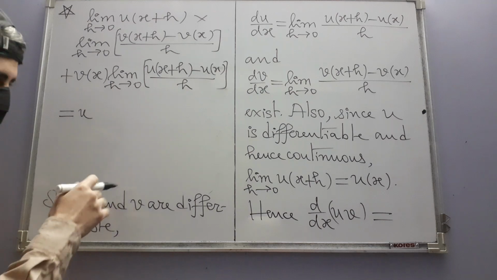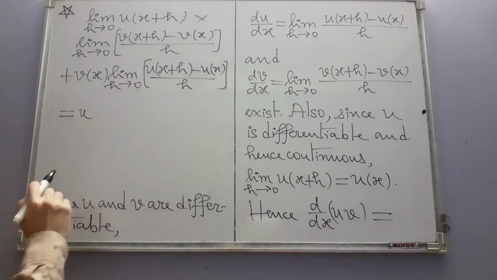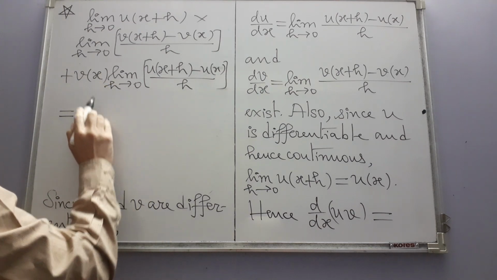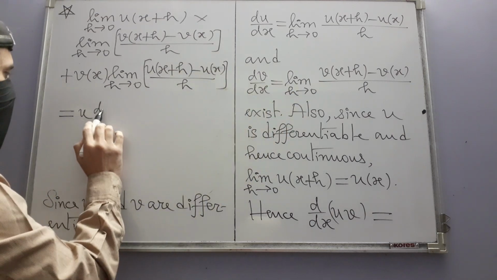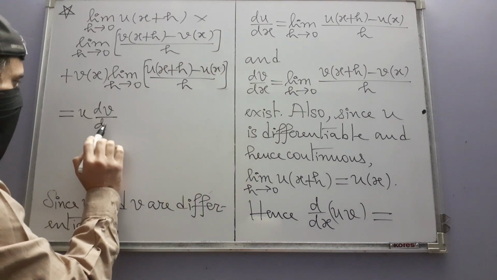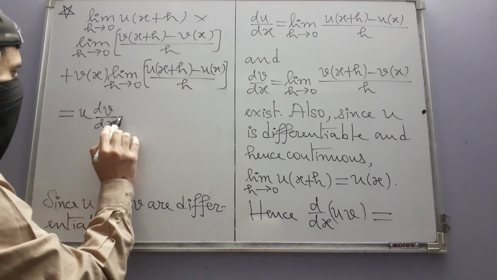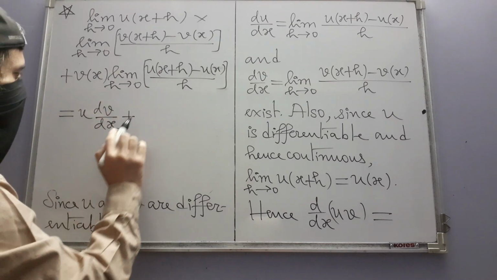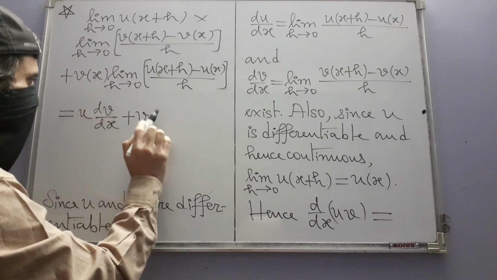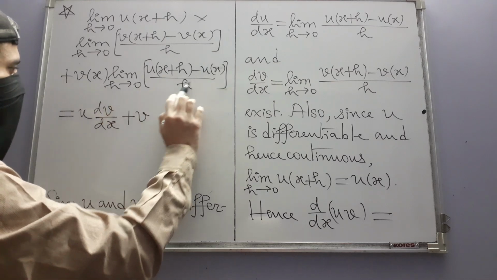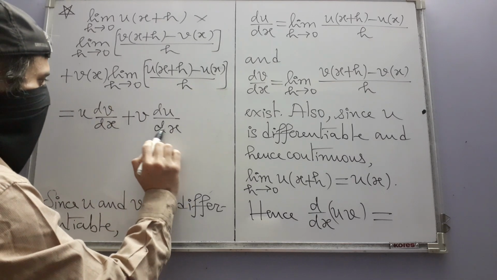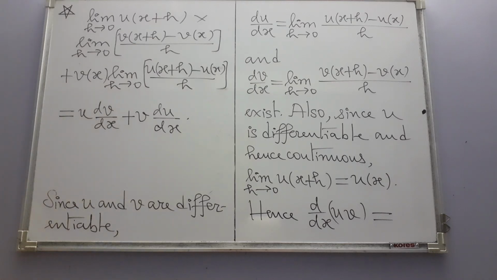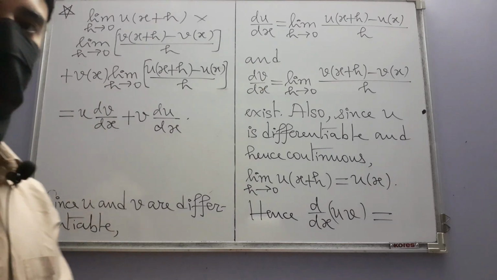It's understood that it's the value of u at x, times the limit of this, which is what? dv dx, plus v of x, means you can just write v, and du dx. So that's how you get the product rule. This is the proof of the product rule.